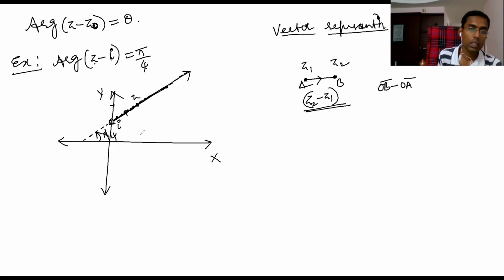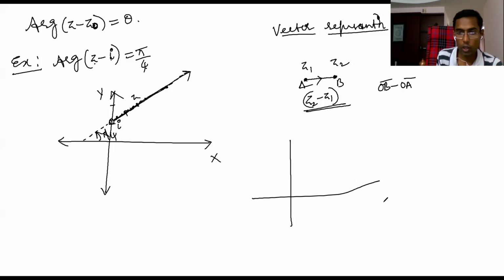So now the conclusion is this. What I wrote is argument of z equal to pi by 4, so that is a ray like this.